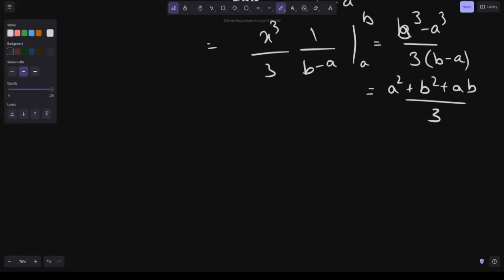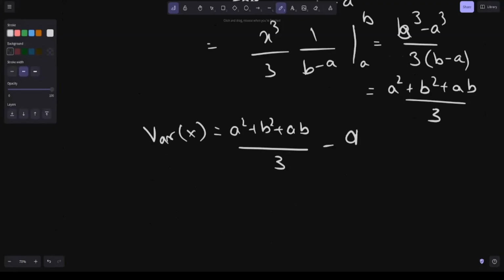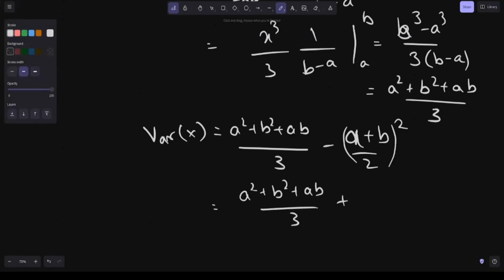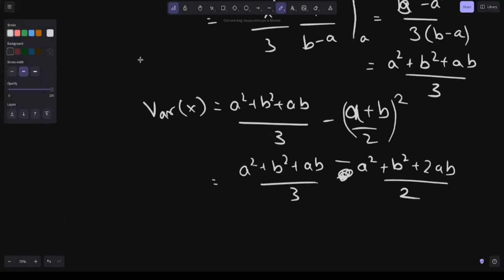So now the variance would be nothing but this thing, a square plus b square plus ab by 3, minus the square of that thing, that was a plus b by 2 whole square. So this would be a square plus b square plus ab by 3 minus a square plus b square plus 2ab by 4.